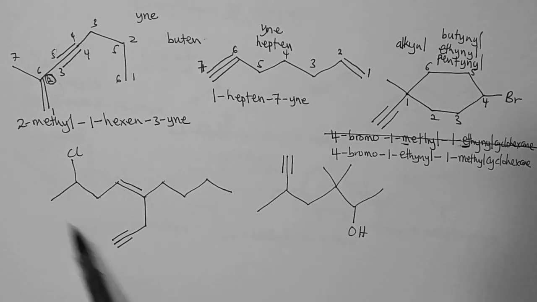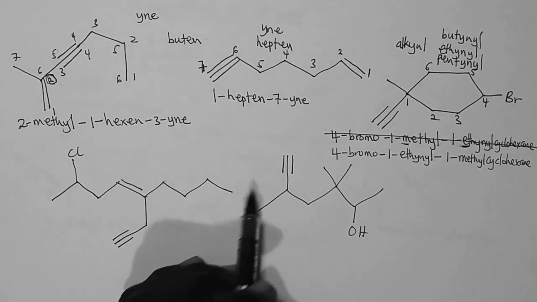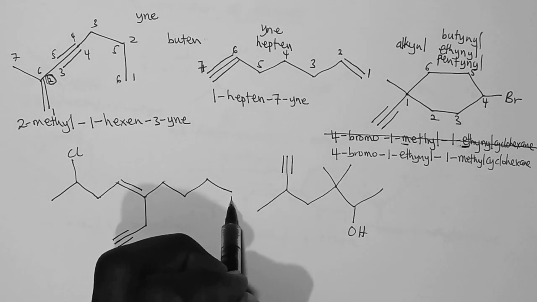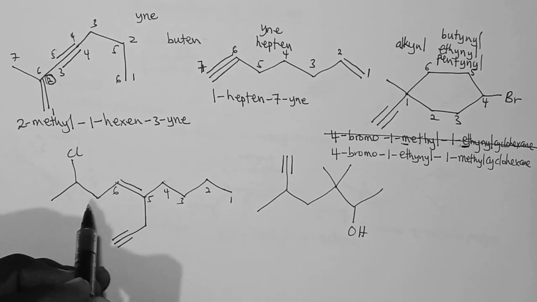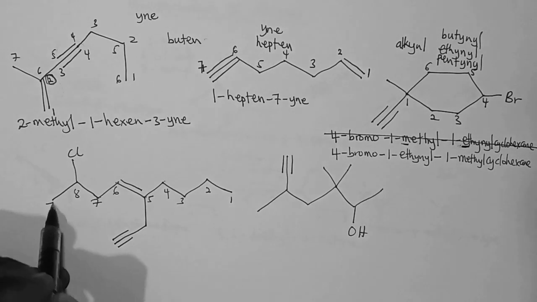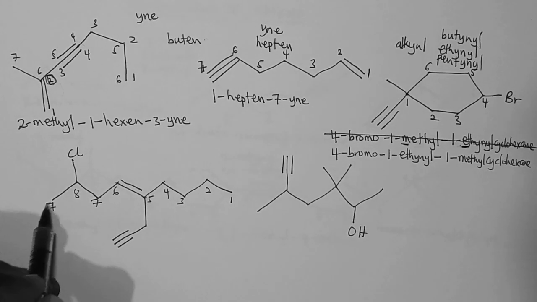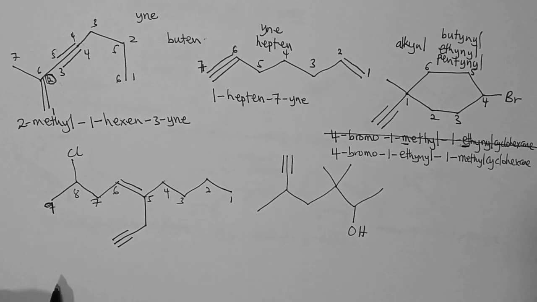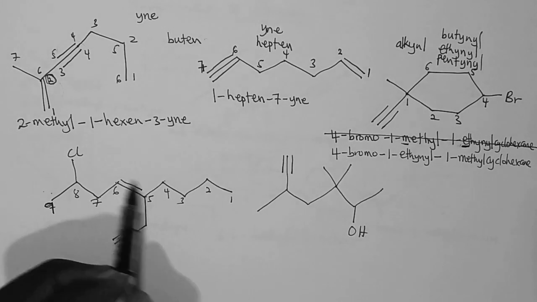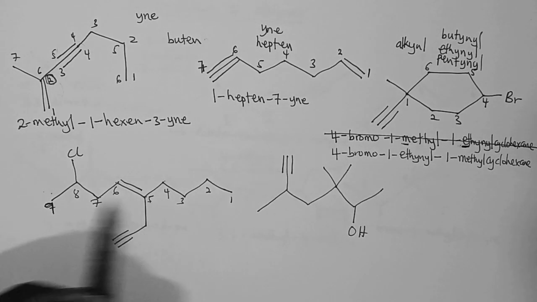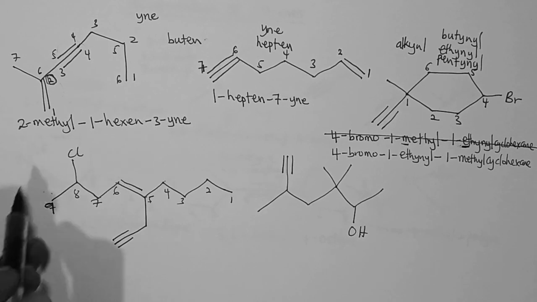So let's consider this molecule. If we start numbering from here, it's going to be 1, 2, 3, 4, 5, 6, 7, 8, 9. 9 carbons. However, if we start from here, the alkene is on carbon number 5, and then the chlorine is on carbon number 8.